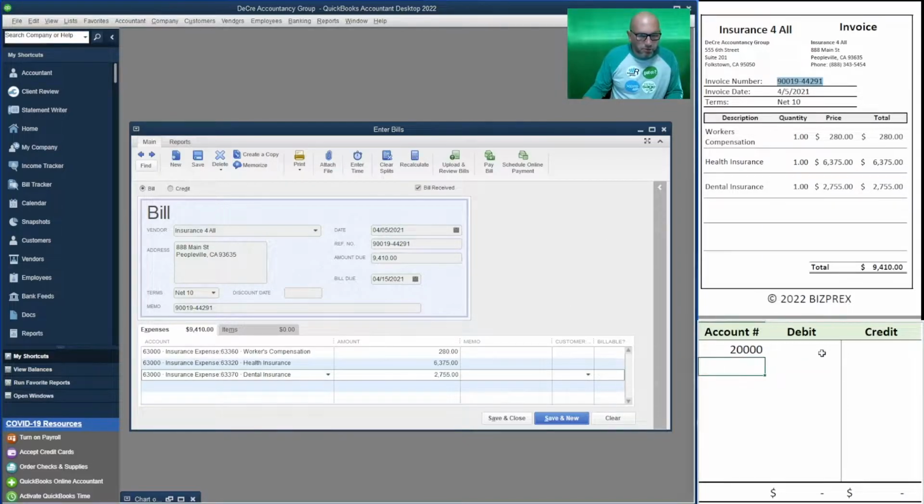All right, so let's show what's going on. Well, first of all, our accounts payable will be increased by $9,410. Why? We owe money. So liabilities go up. For liabilities to go up, they have to be credited. And then we have all these expenses that roll up to insurance expense, right? But let's detail them.